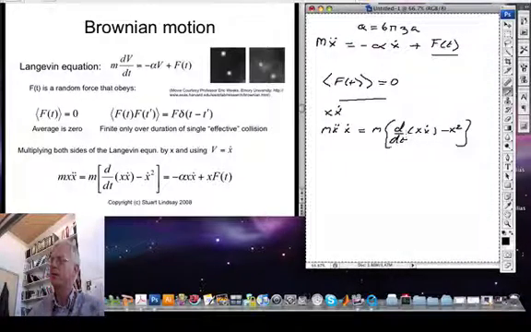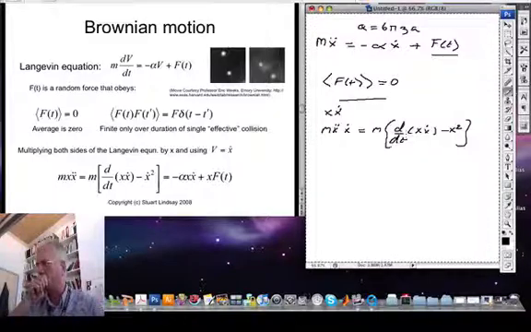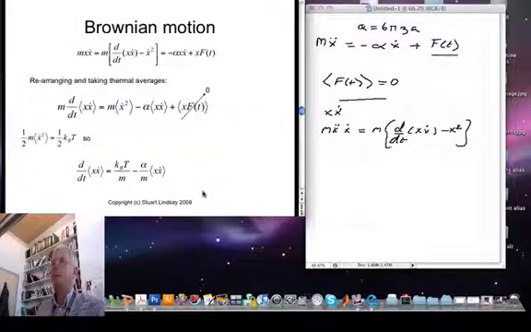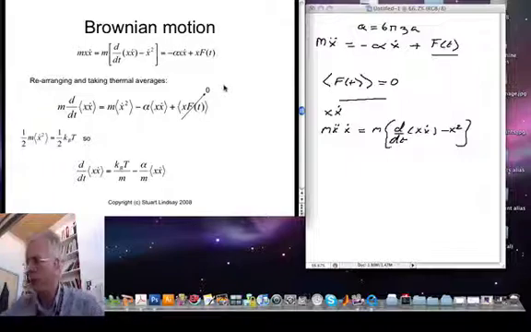And the reason for that is that the time derivative of x x dot is x dot squared plus x x double dot. So the result is then proved.